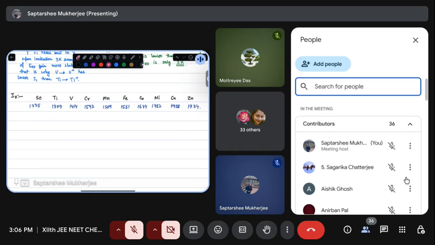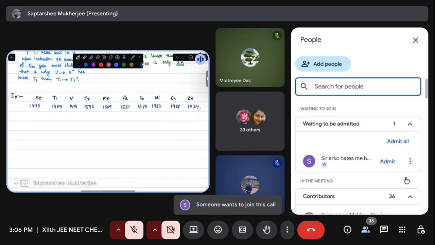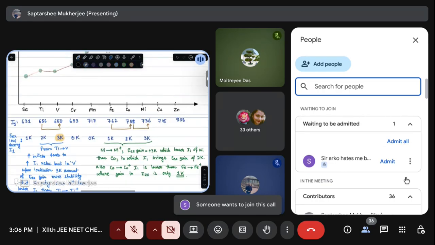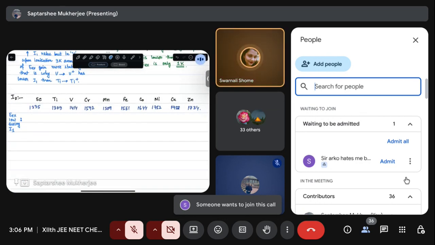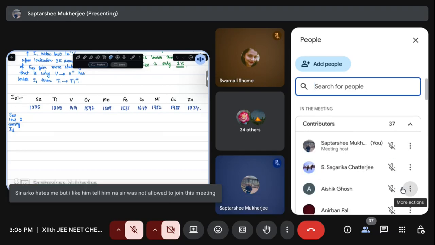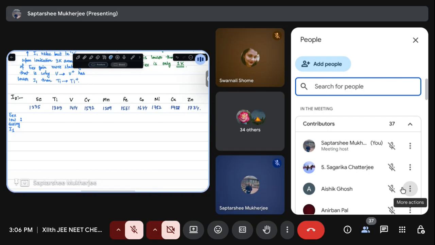How do we explain that? Left to right, usually what should happen to Z effective? Increase. So what is the usual thing that has happened, the drop or the increase? Increase is usual.